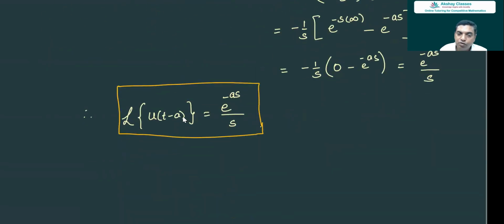Now when a is equal to 0, this term becomes 1, so it becomes 1 by s.